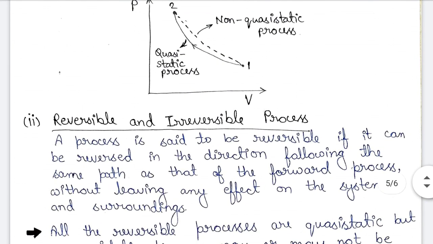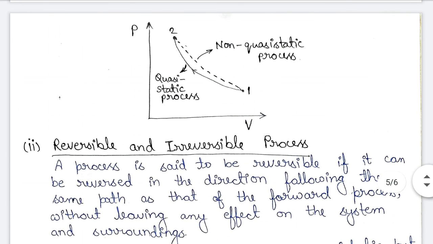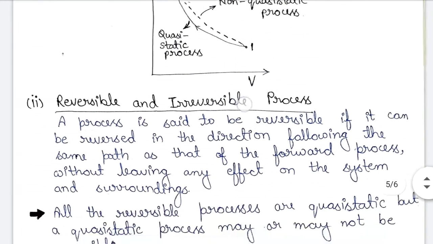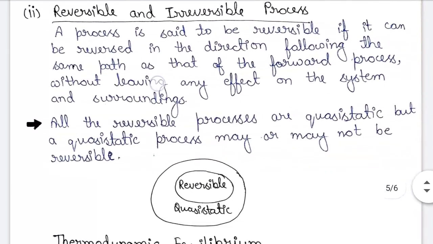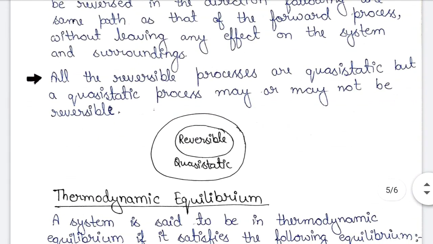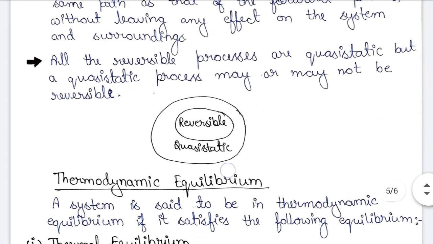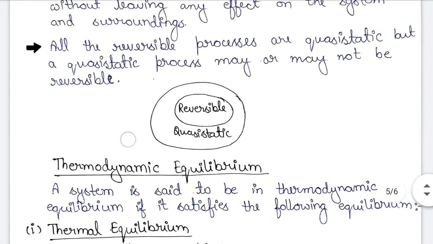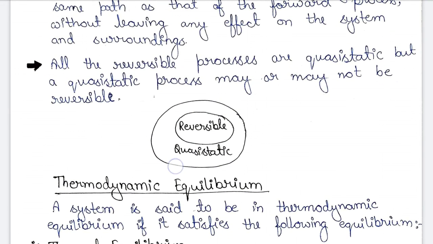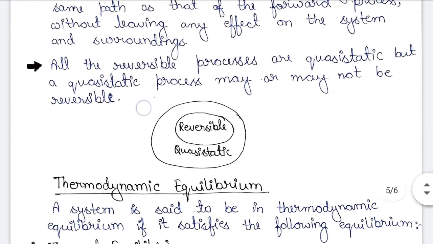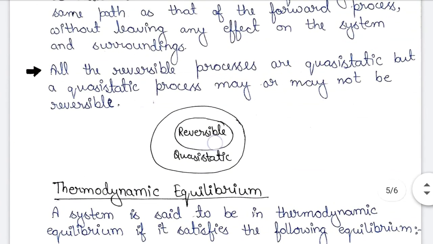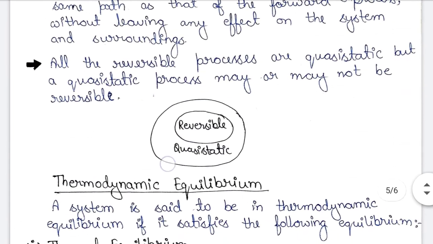One thing you have to keep in mind is that all natural processes are irreversible. Now one important concept is that not every quasi-static process is reversible, but every reversible process is a quasi-static process.